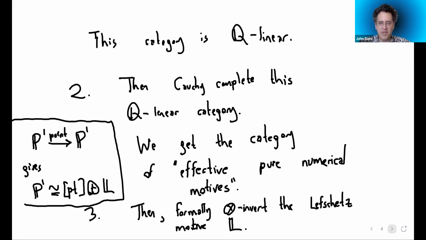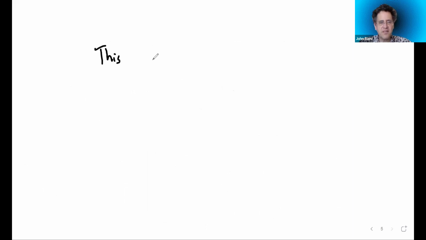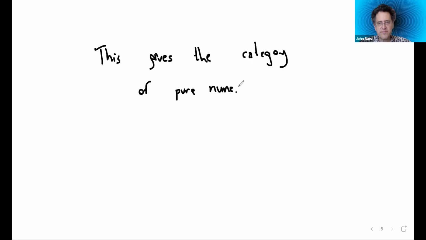So we've done these three steps, and this gives the category of pure motives, or, if you want to be cautious, pure numerical motives. That's the category that we're going to talk about.